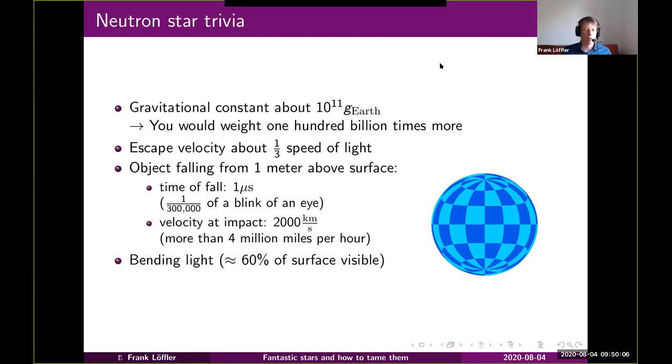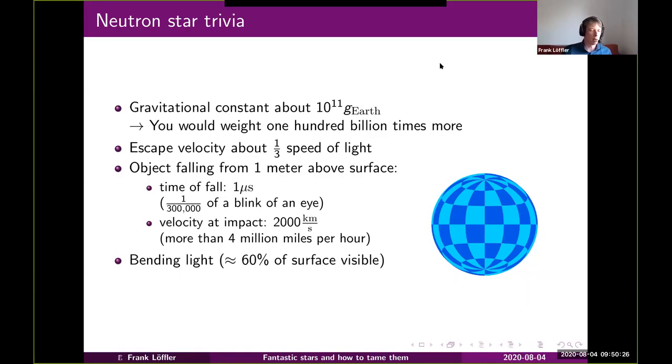I've told you that the escape velocity is 1/3 the speed of light. From this, you can also see that it's influencing light around that star. So if you look at the neutron star, you actually see not just about 50% of the surface, but about 60%.